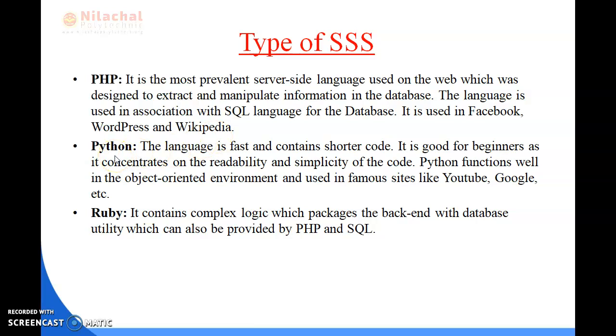Next is Python. The language is fast and contains shorter code. It is good for beginners as it concentrates on the readability and simplicity of the code. Python functions well in the object-oriented environment and is used in famous sites like YouTube, Google, etc. Next is Ruby.